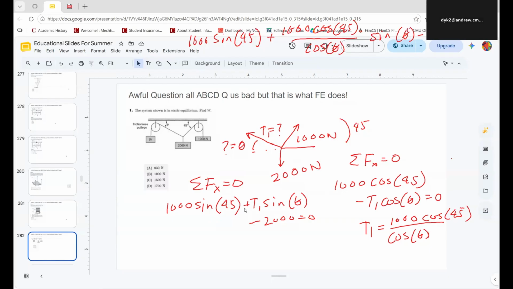Then this is 1000 sine 45 plus 1000 tan theta cosine 45 minus 2000 equals 0. So we can do 1000 sine 45, not plus, minus 2000, and then we divide that.